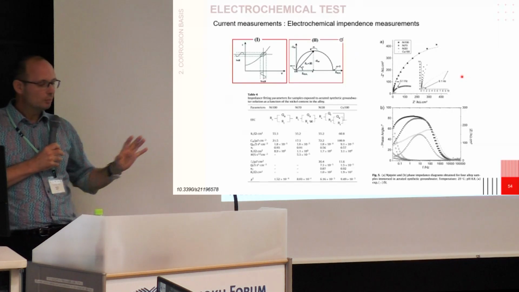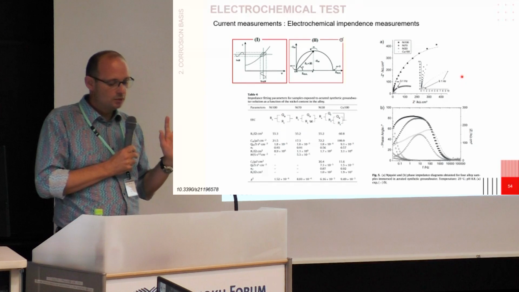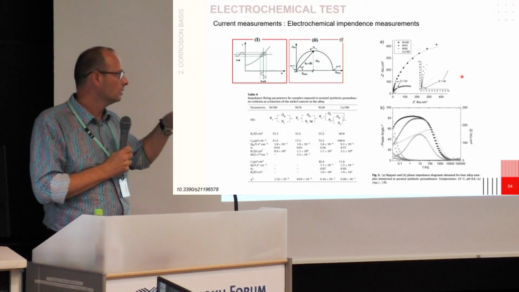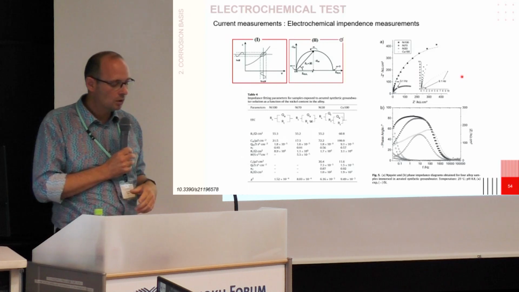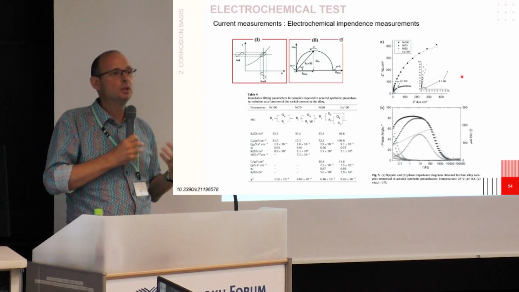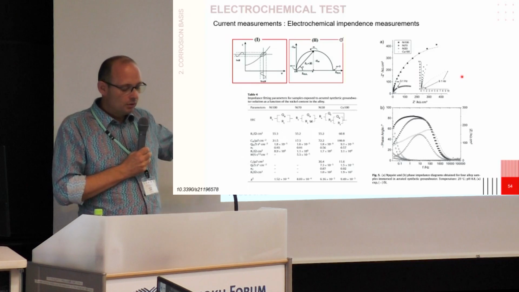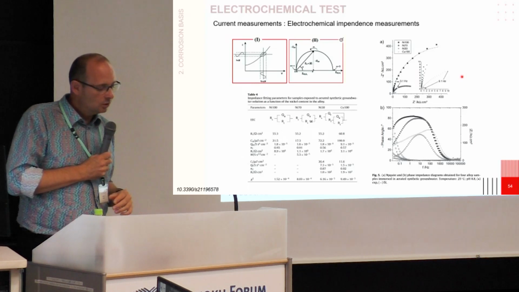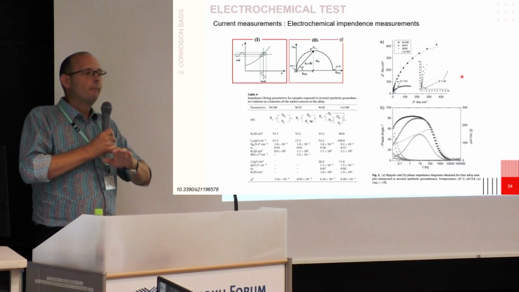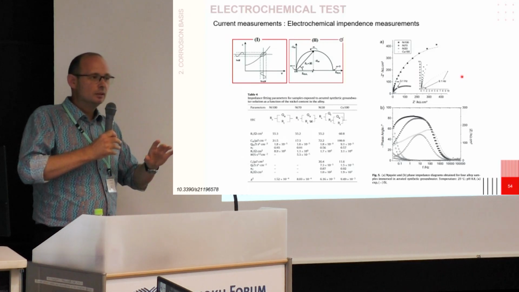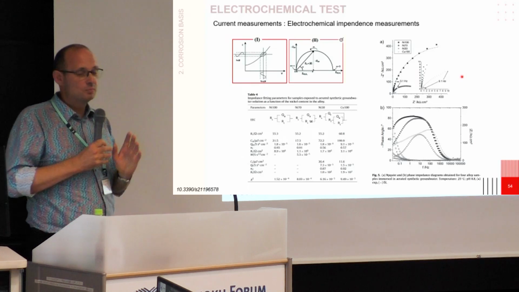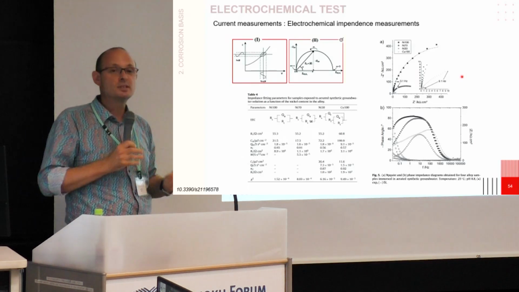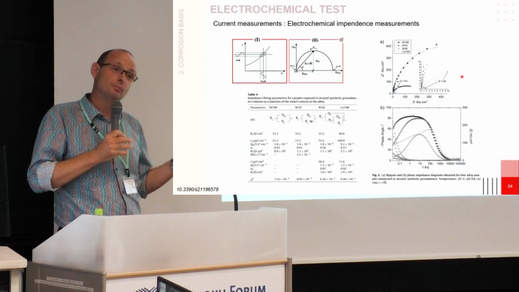Another technique from electrochemical measurement, I'm only focusing on the three main techniques. A lot has been developed, but these three techniques are the ones that you can usually find in the literature. The last one is electrochemical impedance measurement. Usually, if you know what the electrical impedance technique is, it's exactly the same, but in our case, we are in solution.